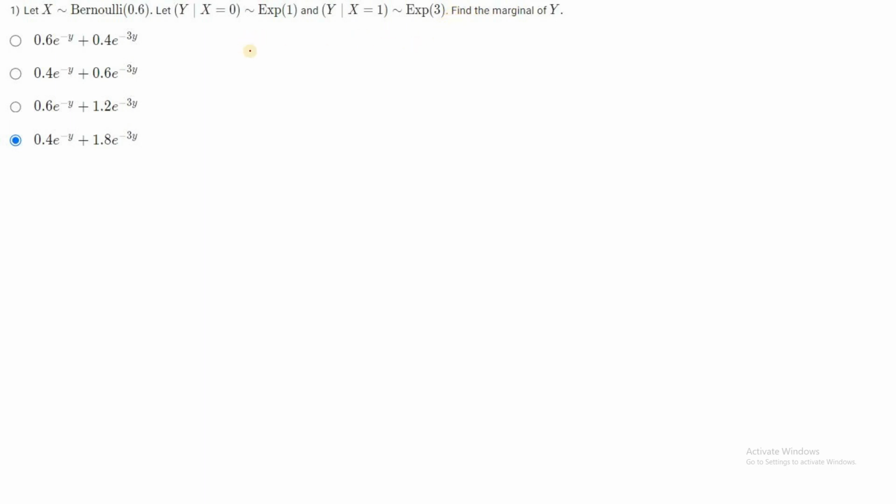So we have f_Y(y) equal to the sum over x belonging to T_X of p_X(x) into f_{Y|X=x}(y).